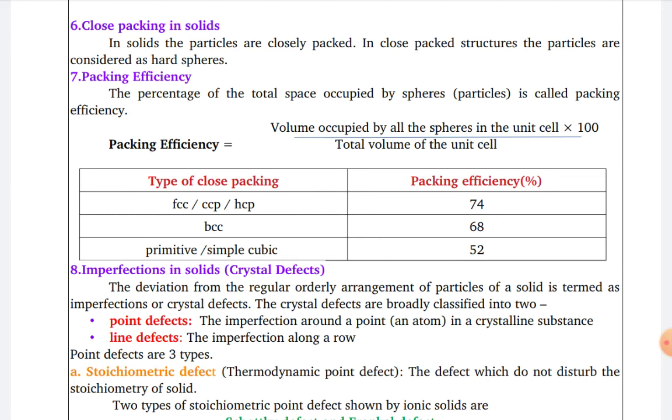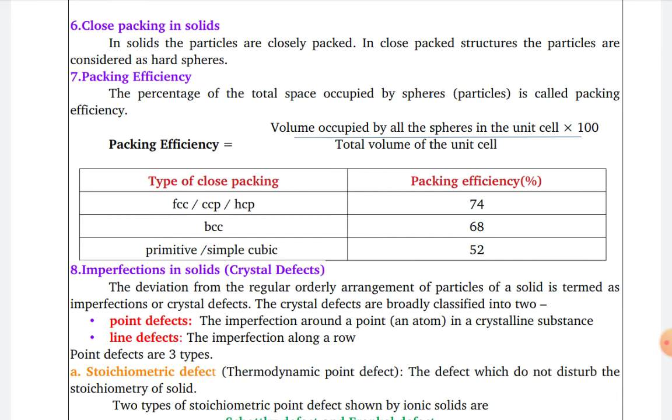In close packing in solids, the particles are closely packed. In close packed particles, the particles are considered as hard spheres. Packing efficiency means the volume occupied by all the spheres in a unit cell times 100 divided by the total volume of the unit cell.